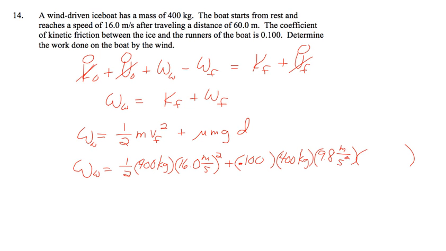And this ice boat is going to go 60 meters across the ice, so that's the distance through which the friction would be acting on it. Solving that, whatever that is, that's going to be your answer. So that came out to be, for 14, 74,720 joules.